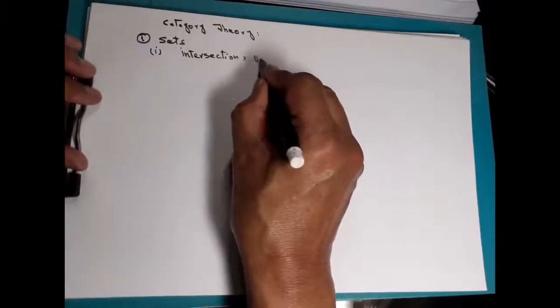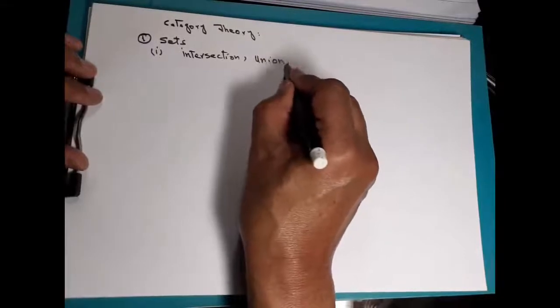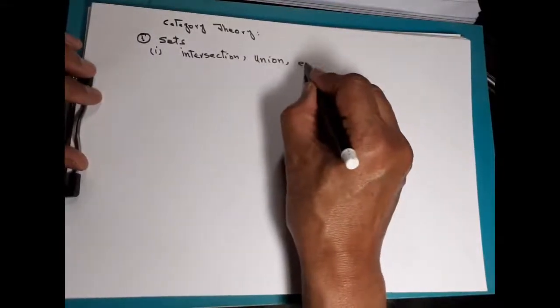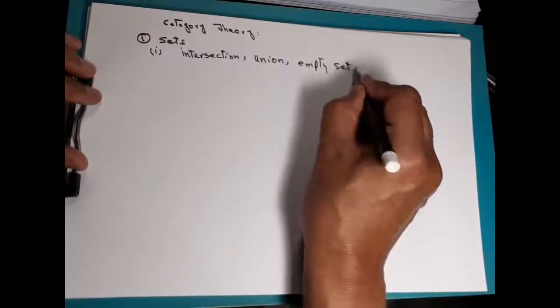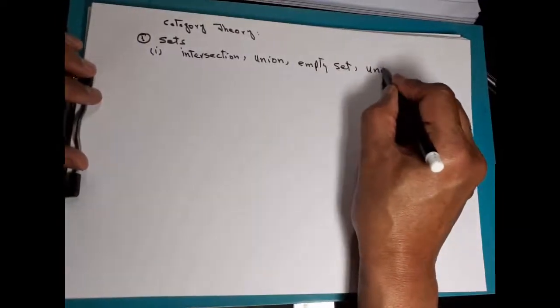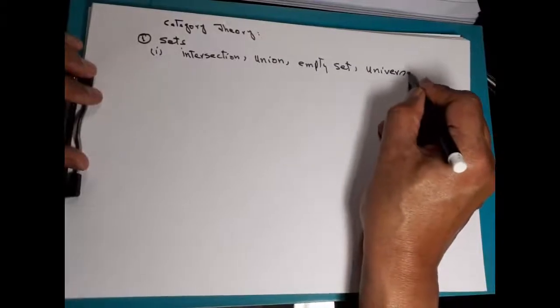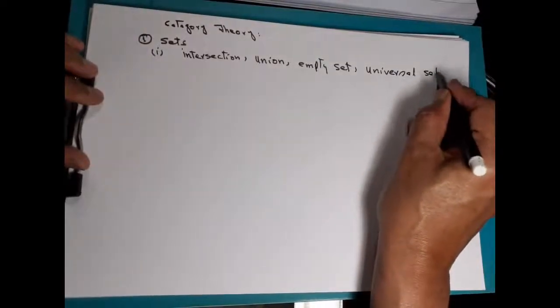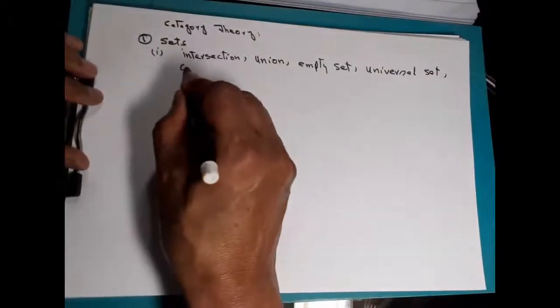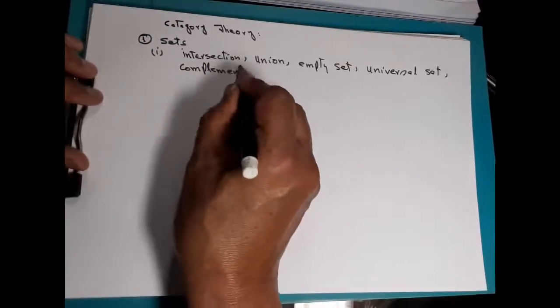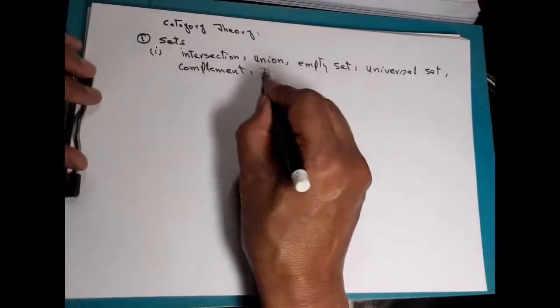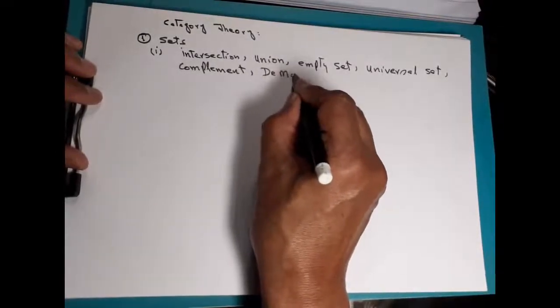Union of sets, empty set, universal set, complement, and then you must be remembering De Morgan's laws.